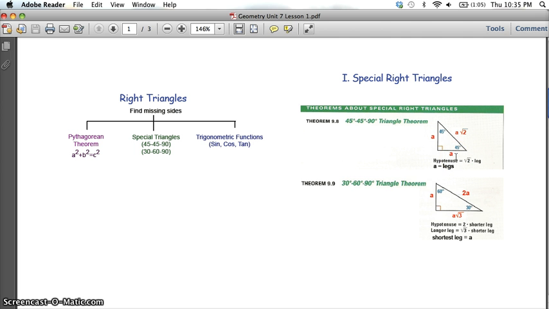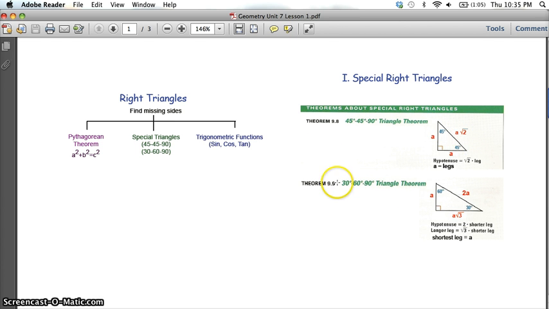Now, if you look here, the formula to find the sides is a, a, and a square root 2. Both sides are congruent because it is an isosceles triangle, and the hypotenuse, which is opposite of your right angle, is going to be a square root of 2.